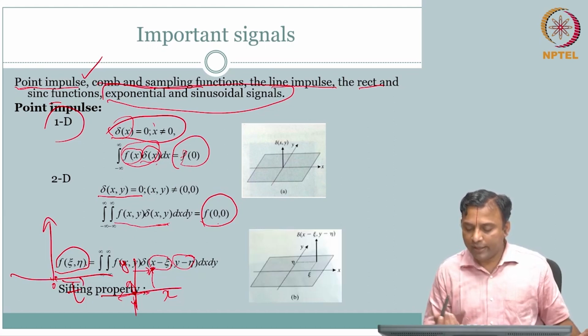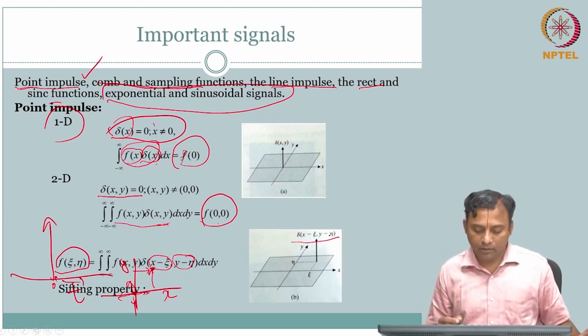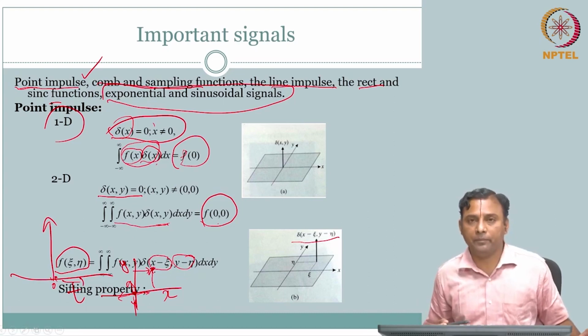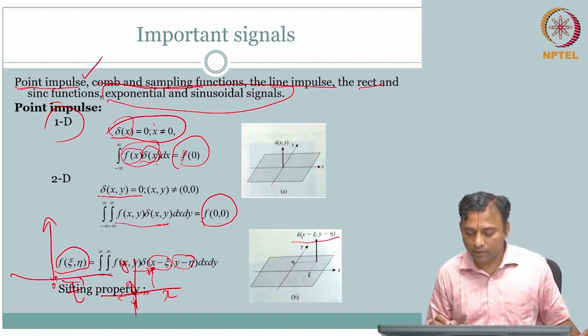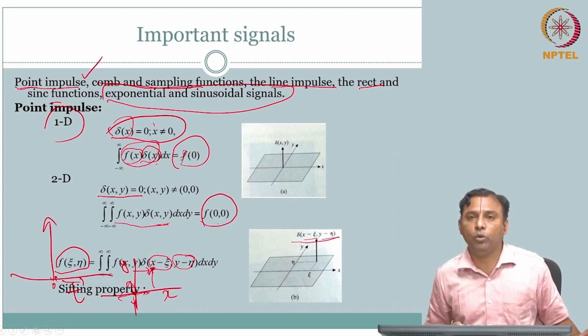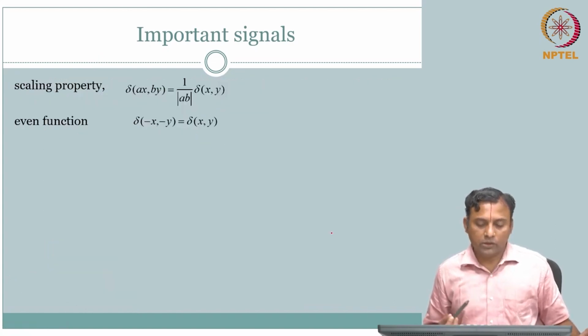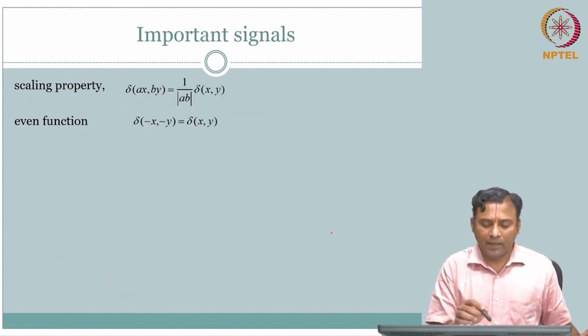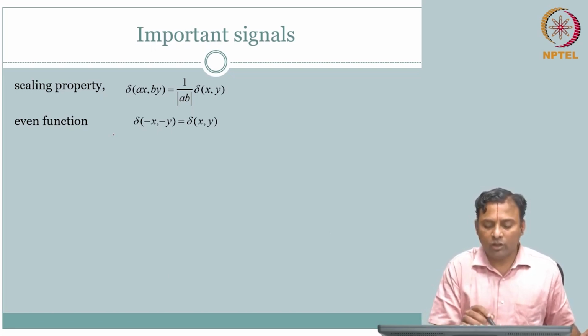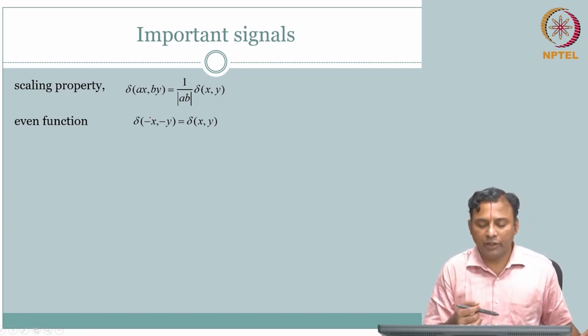You can move your delta function and pick at f of x comma y. The value of f of x comma y at this location can be pulled out using the shifted delta function, the point impulse. Other properties like scaling or even function are straightforward extensions.